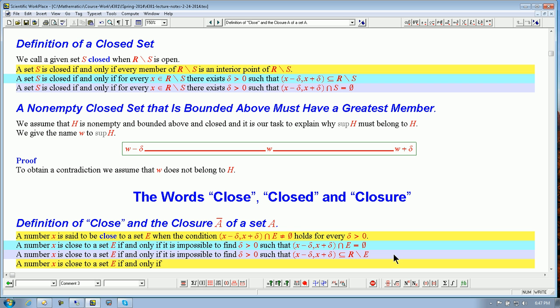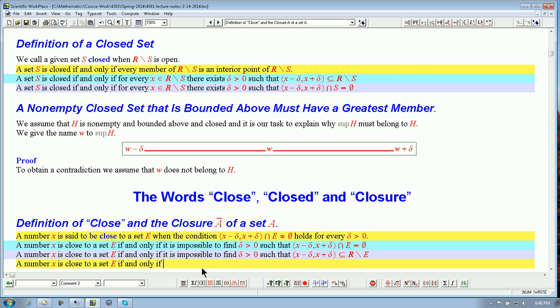I don't know whether that's gray. It's a sort of strange color. Read this one. A number X is close to a set E if and only if it is impossible to find positive number delta for which this interval is included in there. Impossible.